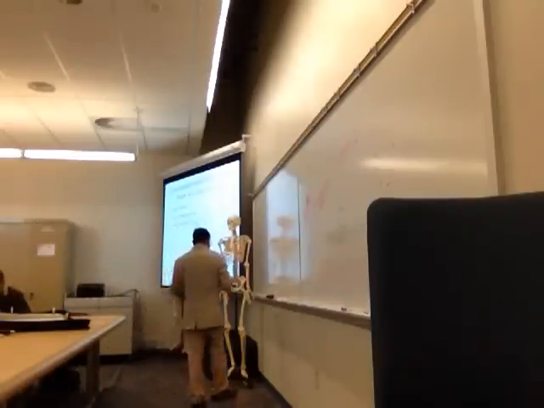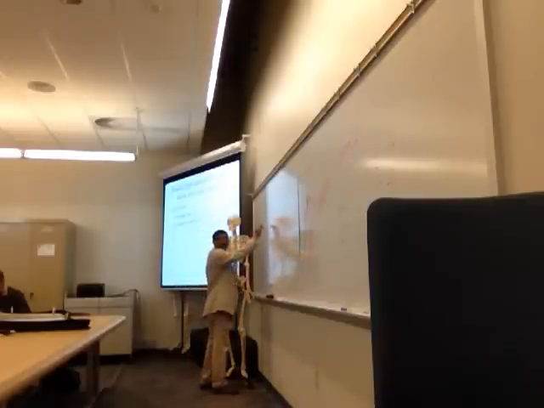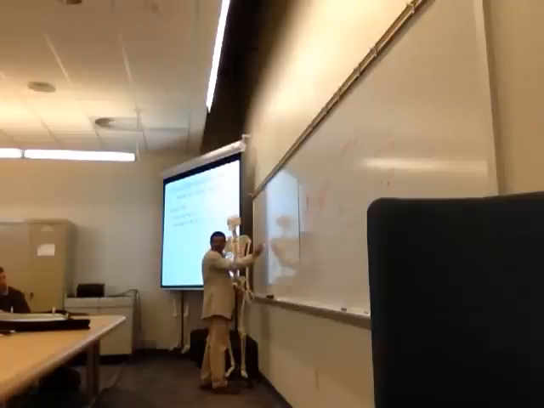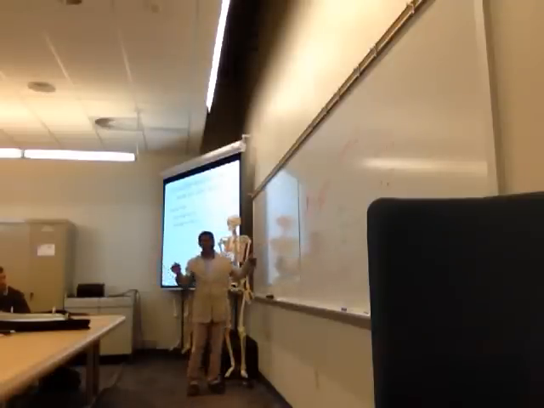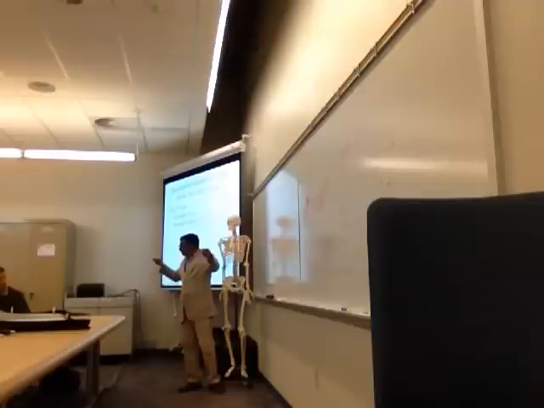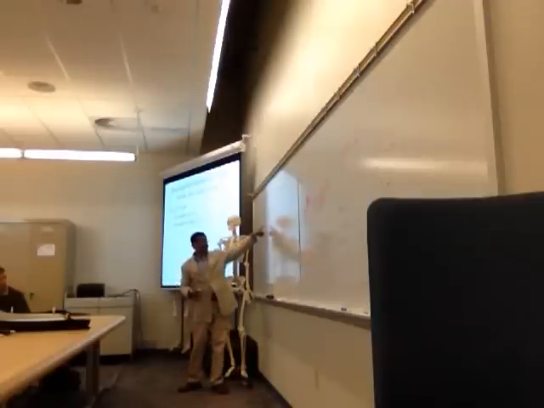Now you tell me, while the fluid is going down through the descending limb of the loop of Henle, inside the descending limb, will the concentration of fluid increase or decrease? Concentration will increase. The reason is you are taking out the water. So gradually the concentration of urine will increase.